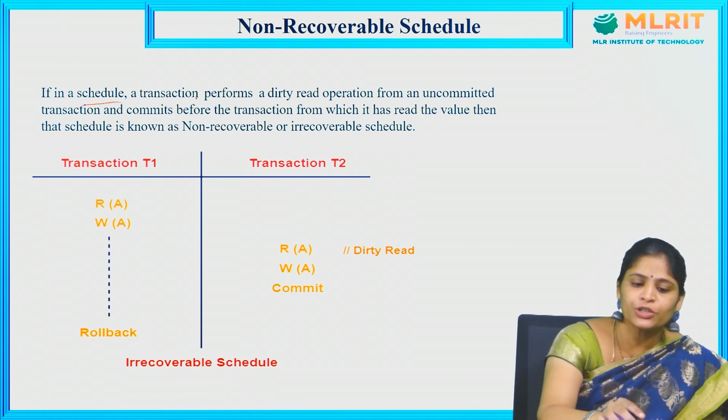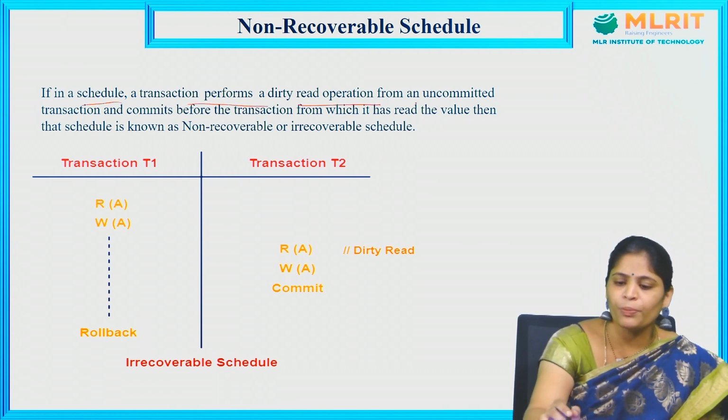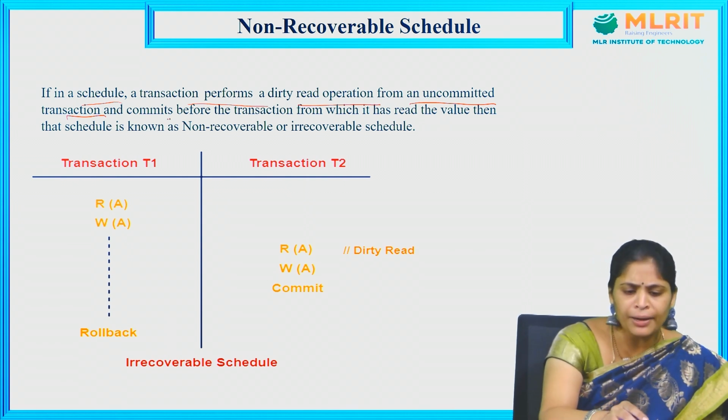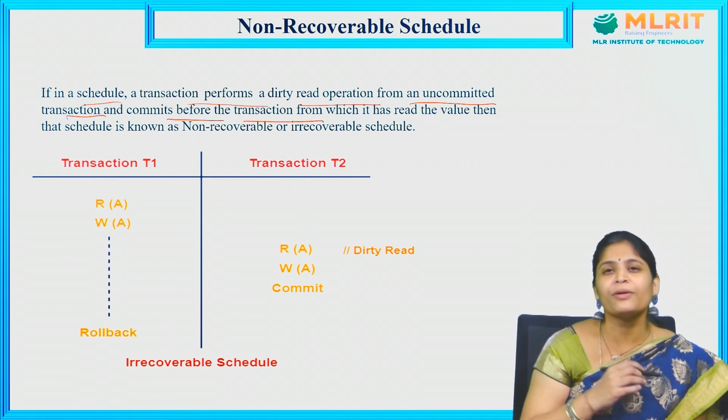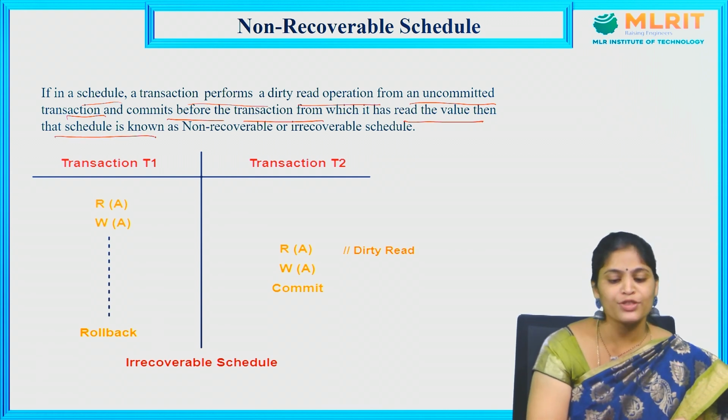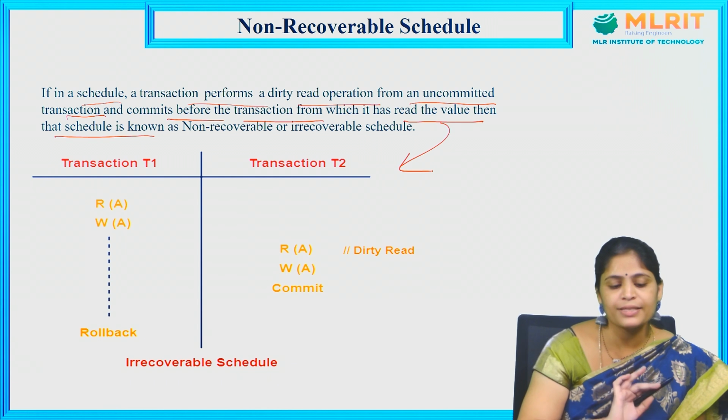If in a schedule, a transaction performs a dirty read operation from an uncommitted transaction and commits before the transaction from which it has read the value, then the schedule is called a non-recoverable or irrecoverable schedule. Let us discuss this with a simple example.